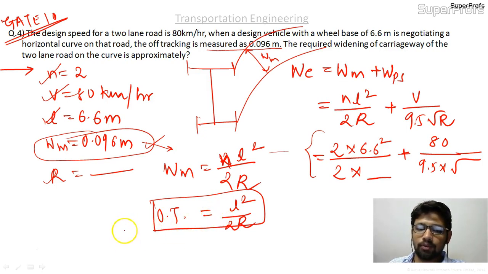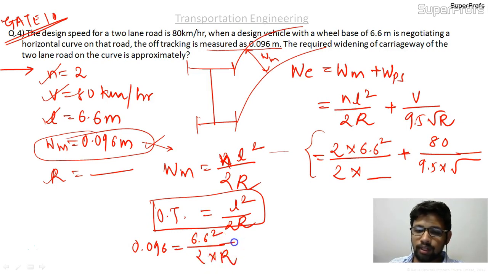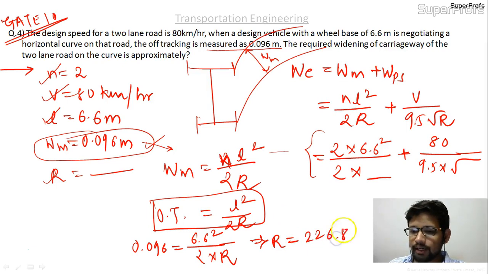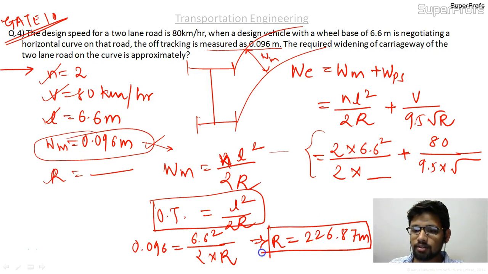So the off-tracking 0.096 equals 6.6 squared upon 2 into R. Now with one equation and one unknown, we get R equal to 226.87 meters.